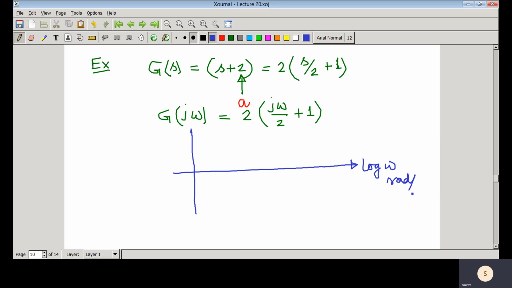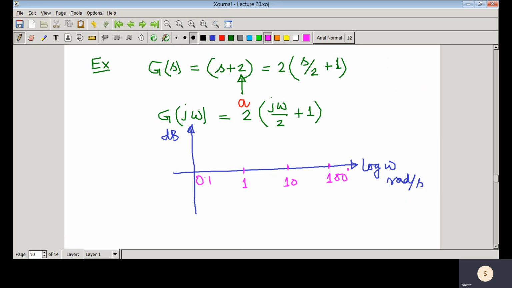So here rad per second, and here we have dB. The frequency, as it is in log scale, is 0.1, then 1, then 10, then 100, like that.